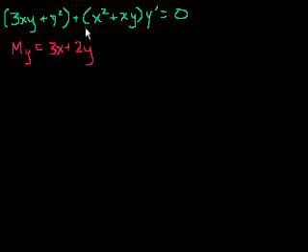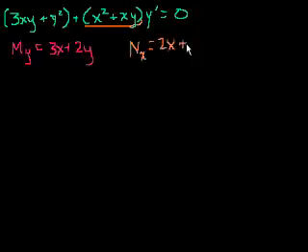And if that expression there is our function N, which is a function of x and y, we take the partial with respect to x, and that is equal to 2x plus y. And in order for this to have been an exact differential equation, the partial of M with respect to y would have to equal the partial of N with respect to x. But just by looking at these two, they don't equal each other. They're not equal. So, at least superficially, the way we looked at it just now, this is not an exact differential equation.